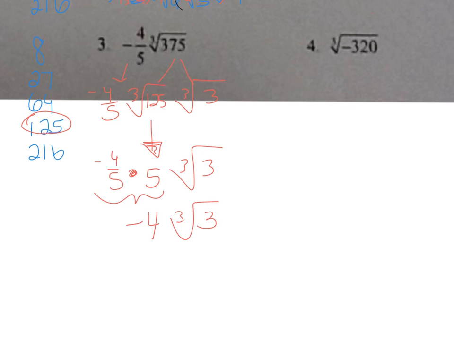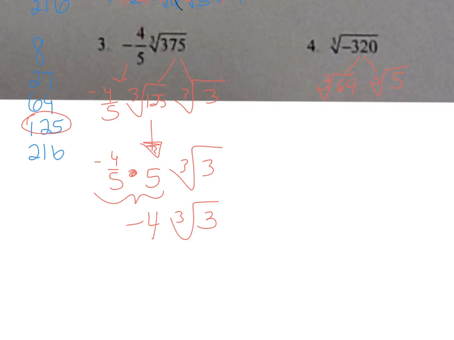Okay, so let's take a look at number 4. Now notice underneath the radical, I have that negative there. I'm going to give you a few seconds to find the largest perfect cube that goes into just 320. Okay, so hopefully everybody got 64. So I have the cube root of 64 times the cube root of 5.